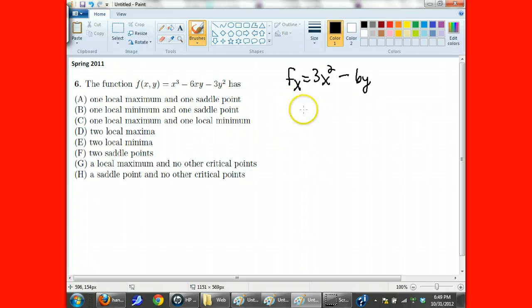Negative 6x minus 6y. Okay, that's 3y squared, not 3y cubed. Be careful. Okay. Set them both equal to 0. And we have to figure out what that means.